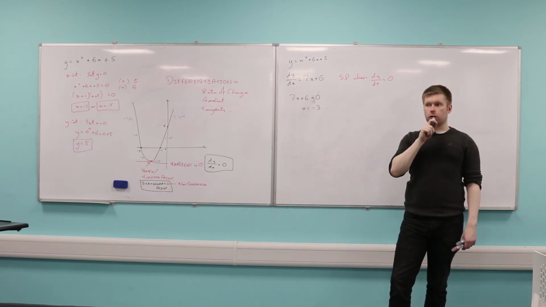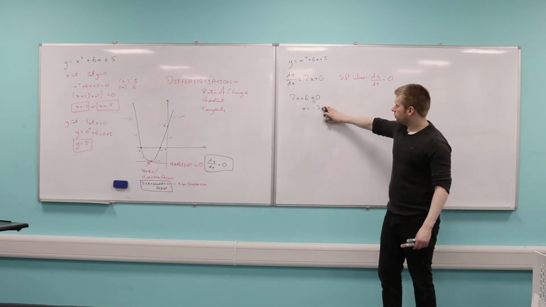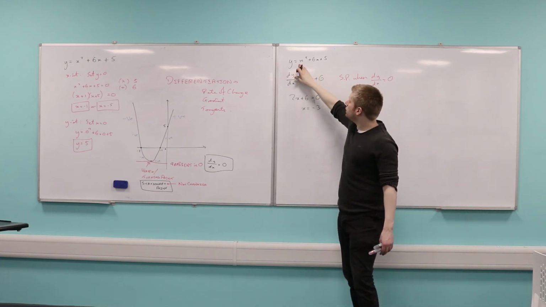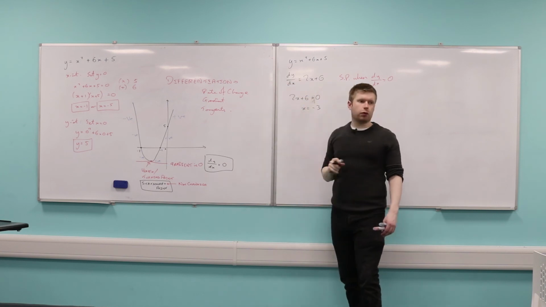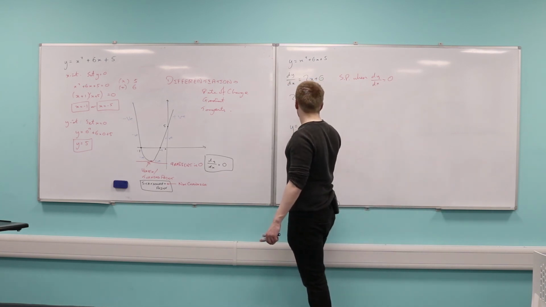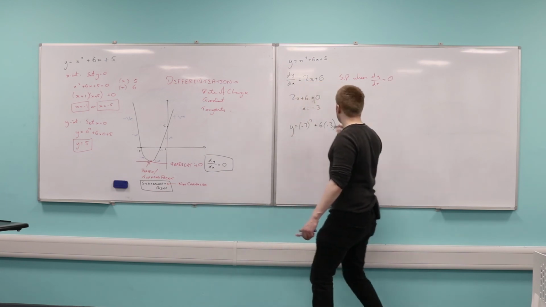How do I find my y-coordinate? Place it back into the y. Absolutely. To find my corresponding y-coordinate from an x, I use this equation here. It literally says, you give me an x-coordinate, and I'll tell you what the y-coordinate should be. So I get y equals -3 squared plus 6 times -3 plus 5.